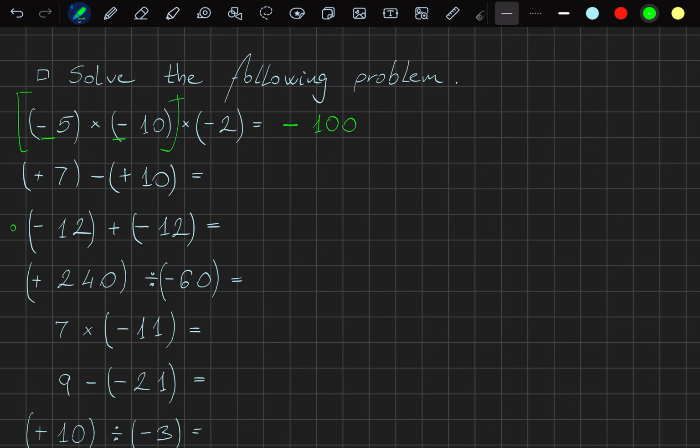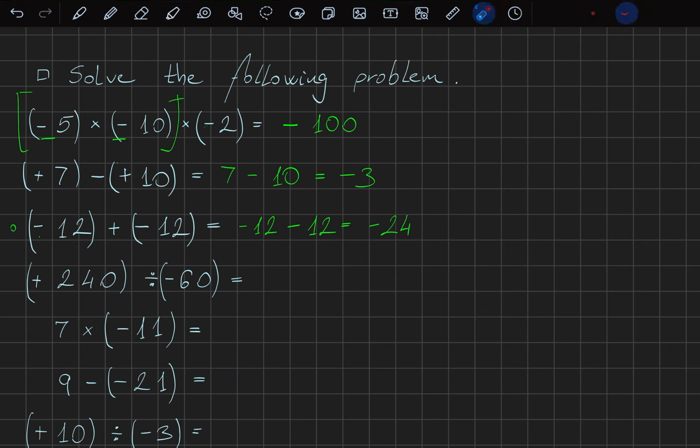Plus 7 take away plus 10: basically it's 7 minus 10, it will be minus 3. Minus 12 plus minus 12: minus and plus is minus, so minus 12 take away 12, minus 24.